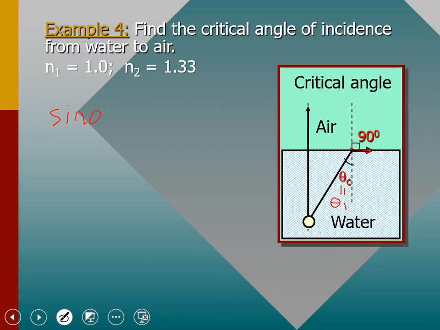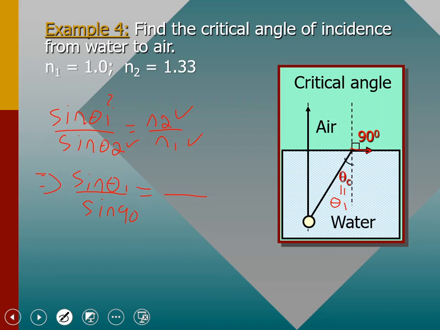Sine theta 1 divided by sine theta 2 equals N2 divided by N1. This implies we need to find theta 1, since it's unknown. We have N2 given, N1 given, and theta 2 is also given. Sine theta 2, actually we are talking about sine 90. So theta 2 is 90 degrees in this case.